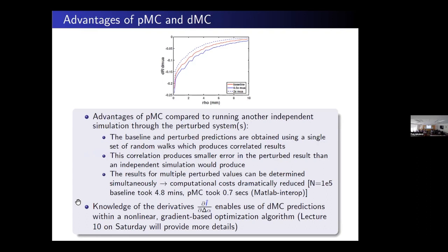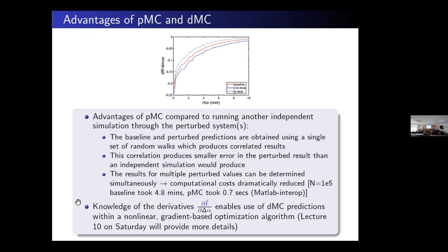So here's a plot of differential Monte Carlo. You can see again, it's kind of tracking. And why is that a good thing? The good thing is that we're running the perturbed results based on a single set of random walks based on the baseline. So there's correlation happening there, and that correlation is working to our benefit because it's going to produce smaller error than if you were to run an independent simulation with the perturbed optical properties.